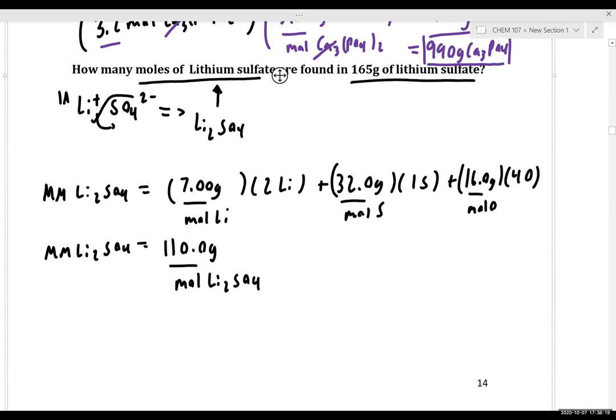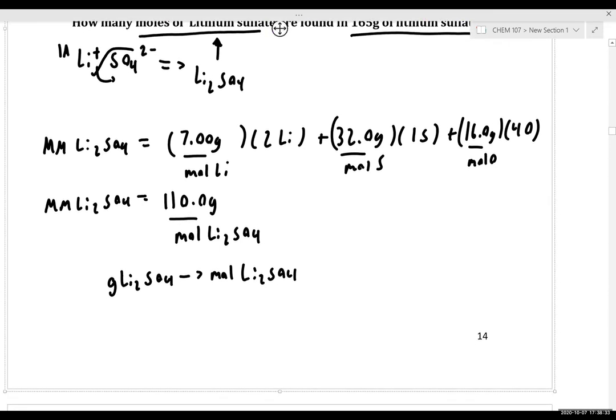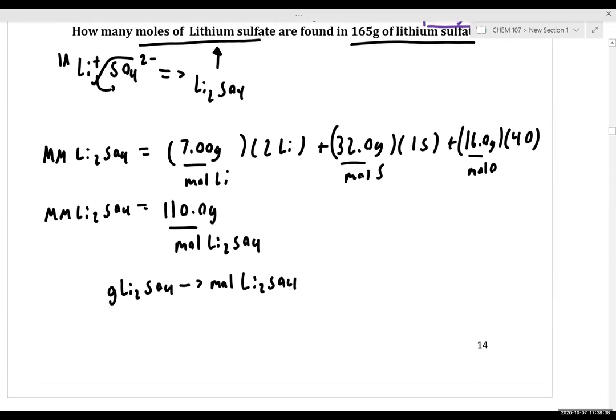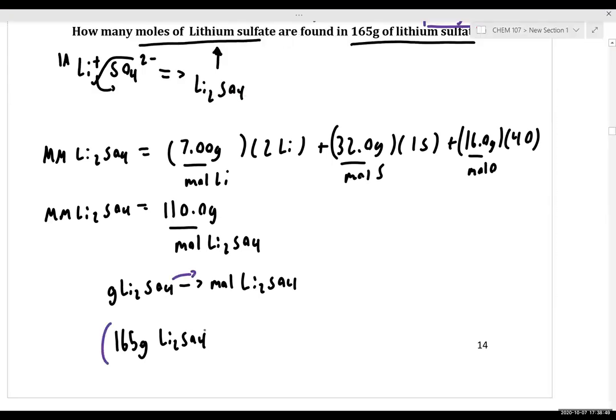Now that we have our molar mass, we're asked to go from the grams of lithium sulfate to the moles of lithium sulfate. And for that, we'll use our molar mass. So given that our initial mass is 165 grams of lithium sulfate, if we wanted to go from grams to moles, we would use our molar mass.